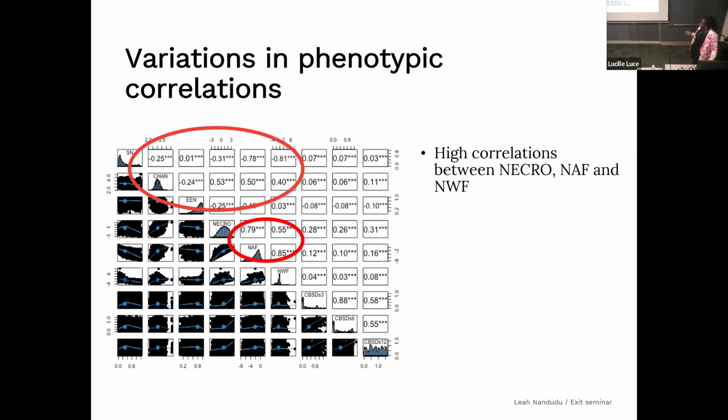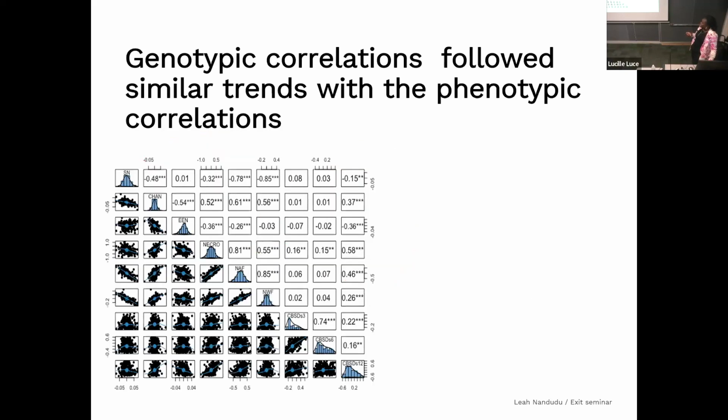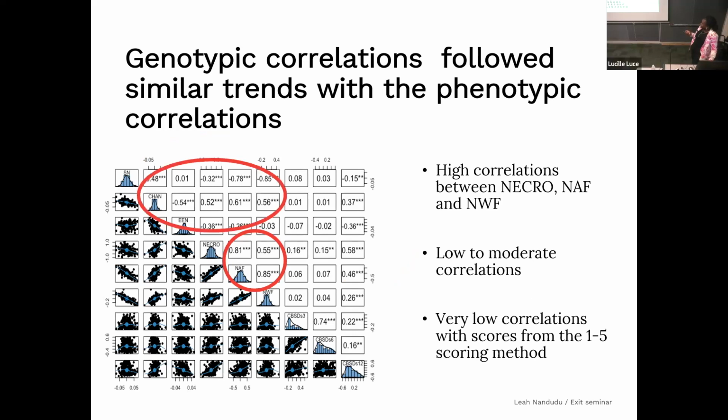When we look at CBSD severity scores, they have very poor correlations with all the image analysis traits, except for a few with CBSD at 12 months after planting, but it's still very little correlation. For example, the correlation between the percentage of necrosis and CBSD at 12 months after planting is 0.3. So that's a low correlation, but still good. The same trends were observed with the genotypic correlations: there are bunches that are highly correlated, and these have low to moderate correlations. And then again, we have very poor correlations, following the same trend as the phenotypic correlations.